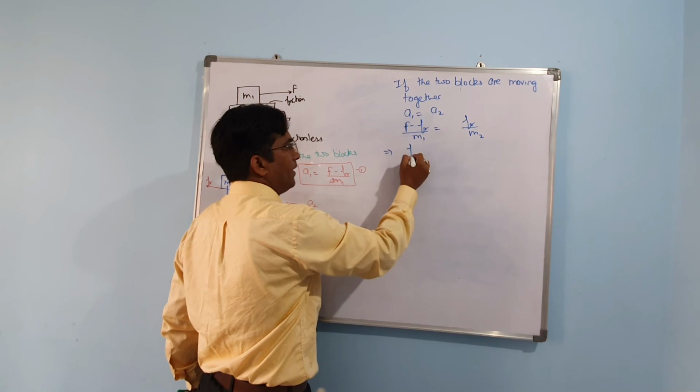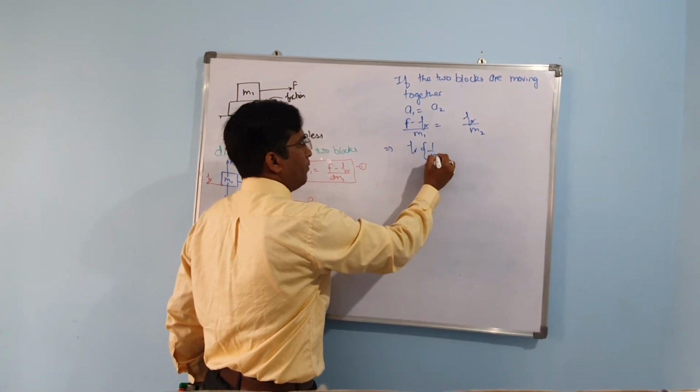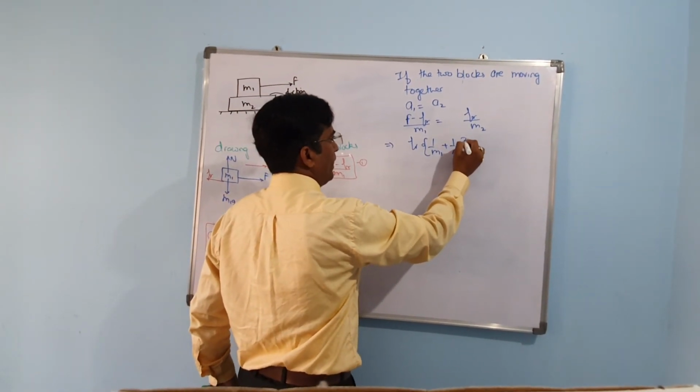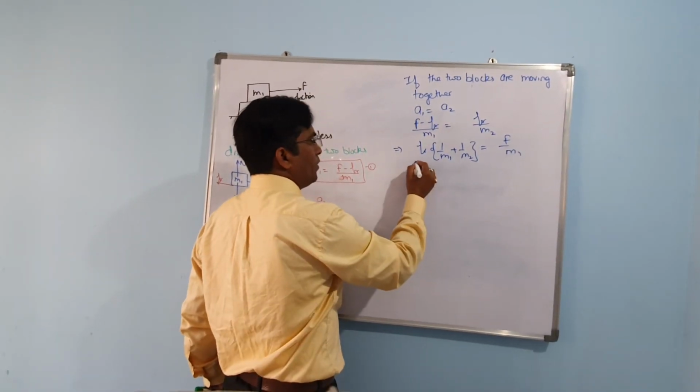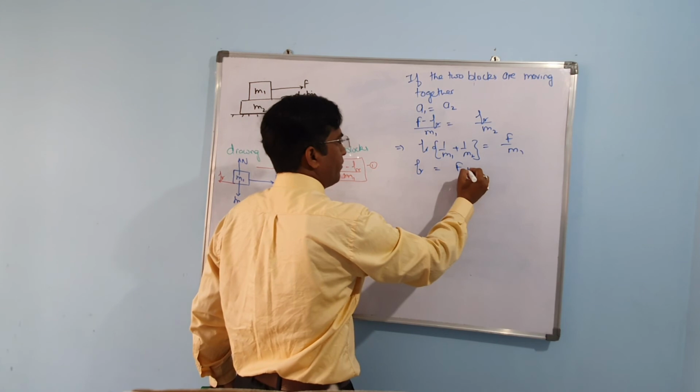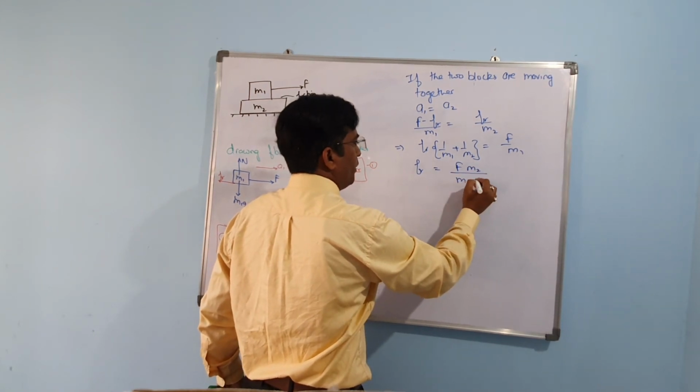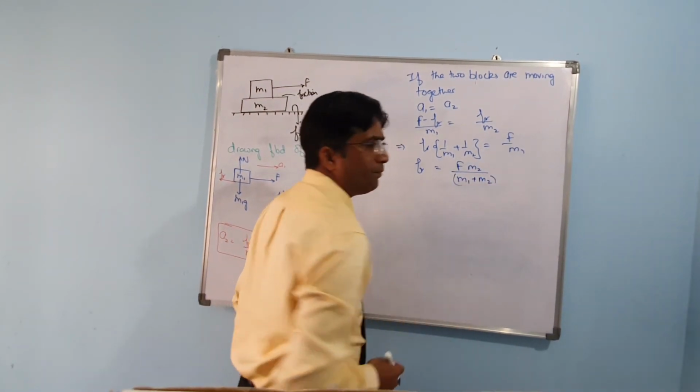This means Fr times (1 by m1 plus 1 by m2) equal to F by m1. So Fr will be equal to F m2 upon m1 plus m2.